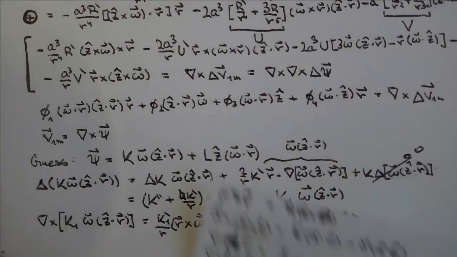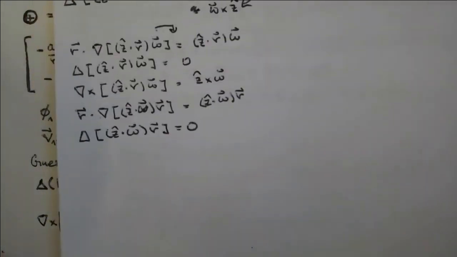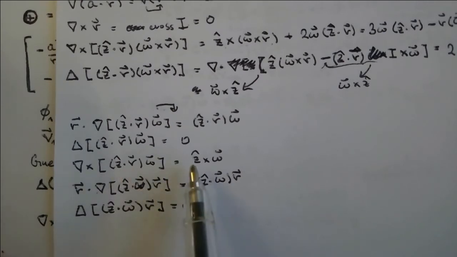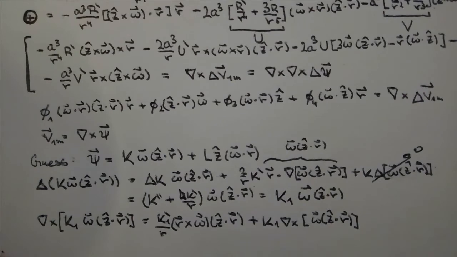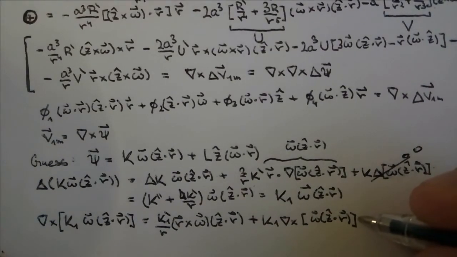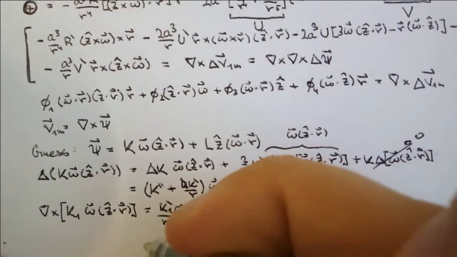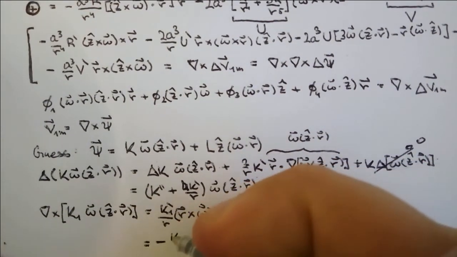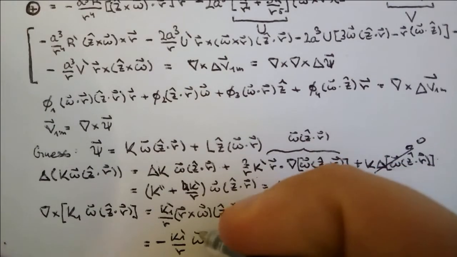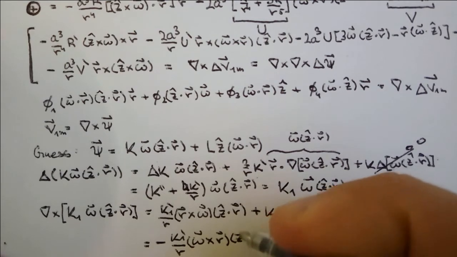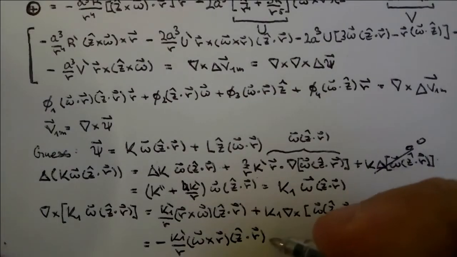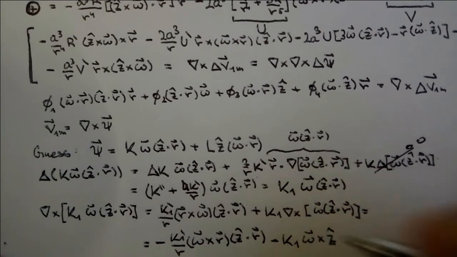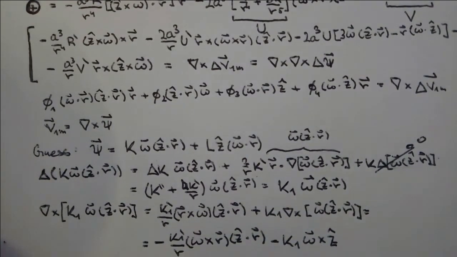And again we can use our tables to show you that this part is just omega times r, and this is z cross omega, so this whole thing can be written as, in the order of the tables, minus 1 over r omega cross r times z hat dot r prime minus k1, and there is omega cross z hat. This is this term.